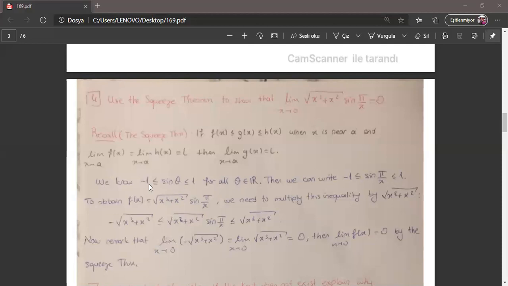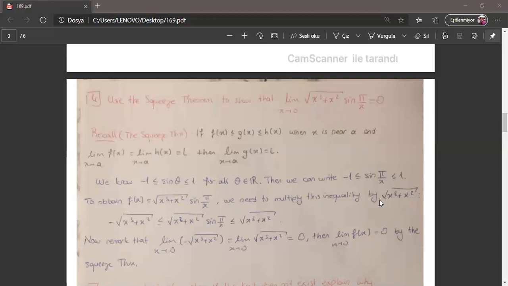So for pi over x, we again have the same inequality, because pi over x is a real number, so we have the same inequality. But we need to obtain this function. To obtain this, we need to multiply this inequality by this square root.